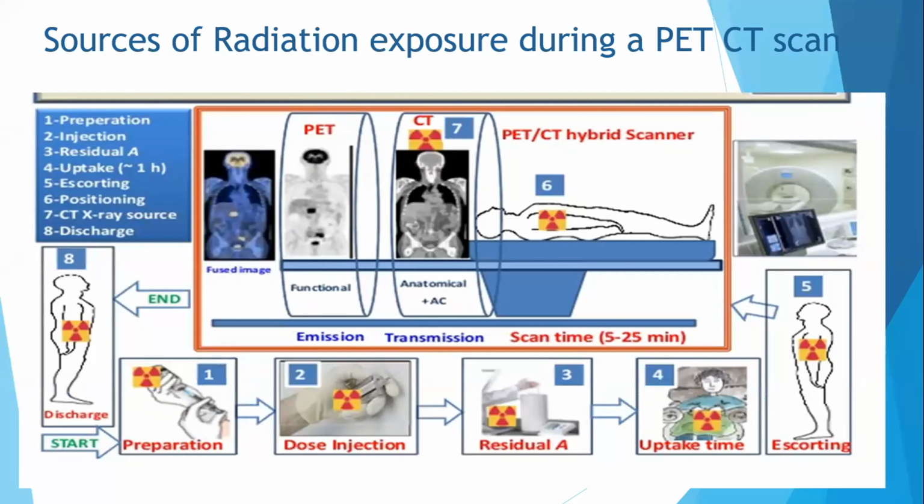Sources of radiation in a PET-CT scan, as we can see, both emission and transmission scans occur in a single setting. So radiation exposure occurs both internally and externally.